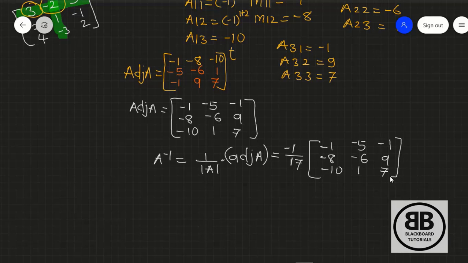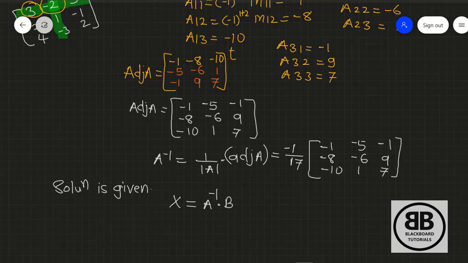Okay. So this is the A inverse. So now the solution is given by, and we already know that solution is unique, and that solution is given by x is equal to A inverse of B.